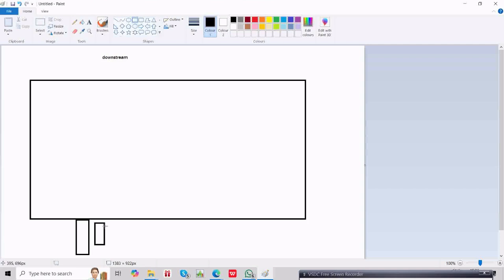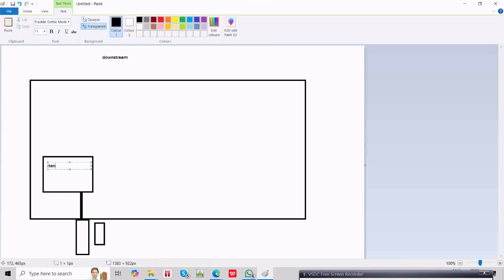It will come here, and from the pipeline it goes inside the plant where you have your tank farms. Tank farms. There will be big, massive tank farms.